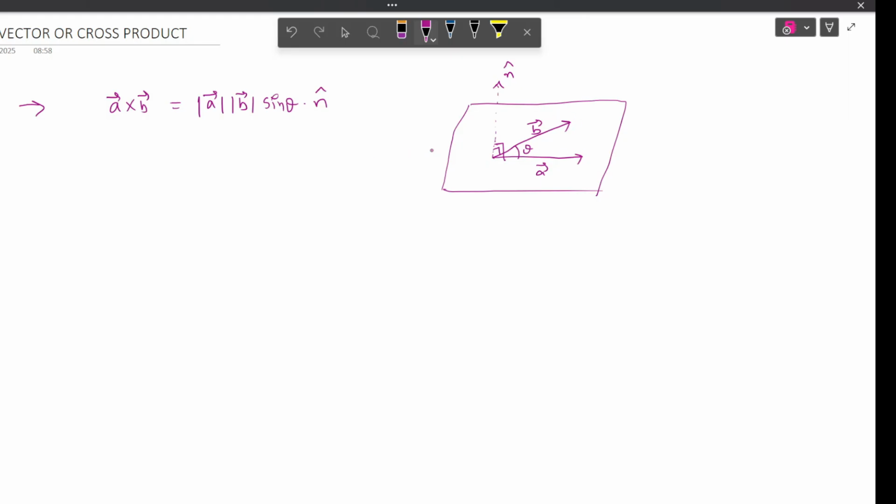Now when we say a, b and n cap form a right-handed system, it means that if we rotate vector a into vector b, then n cap will point in the direction perpendicular to the plane of a and b, in which a right-handed screw will move if it is turned in the same manner.